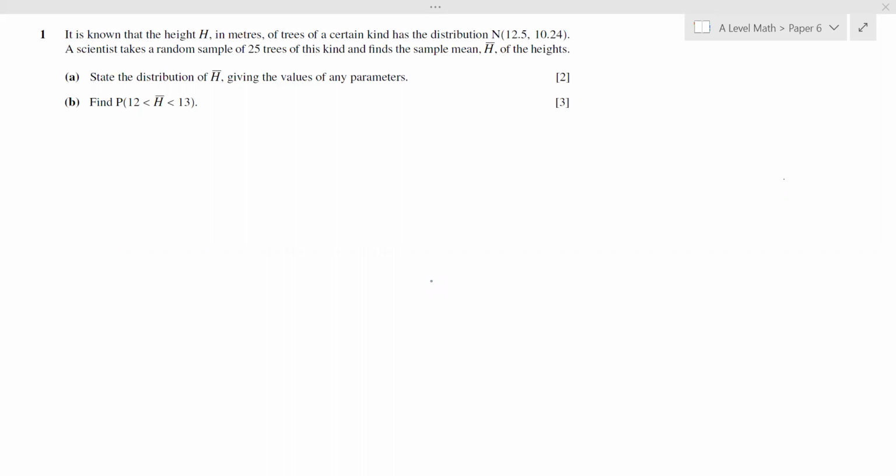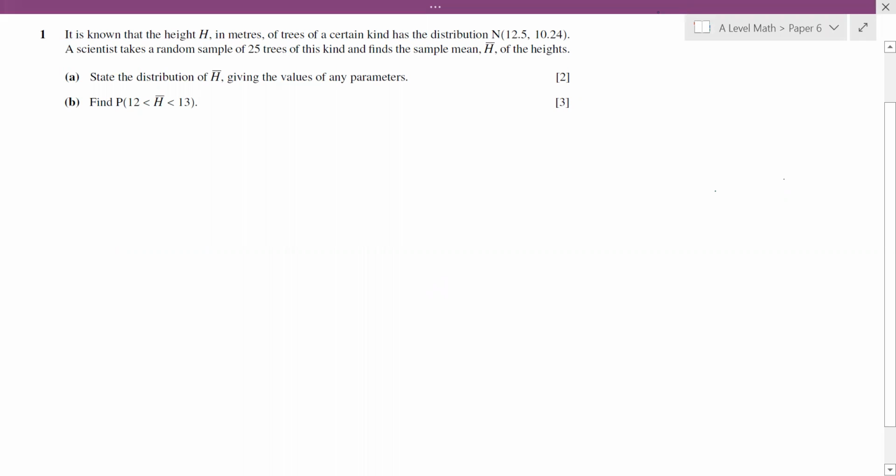It is known that the height h in meters of trees of a certain kind has a normal distribution with a mean of 12.5 and a variance of 10.24.